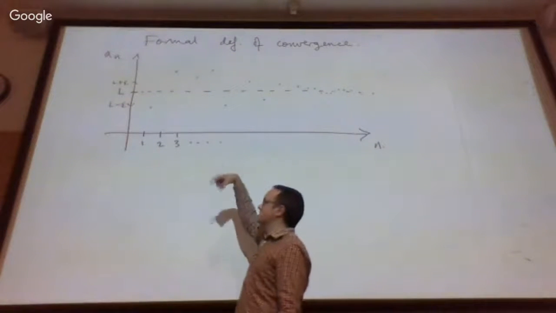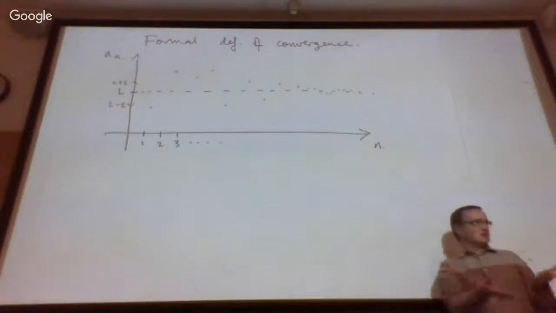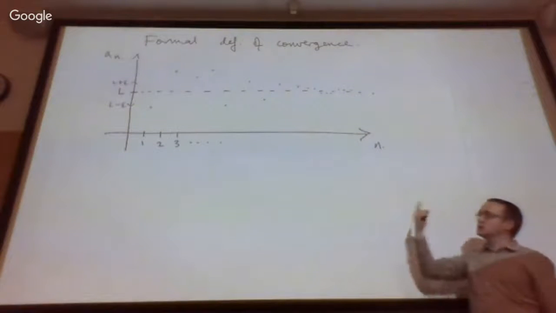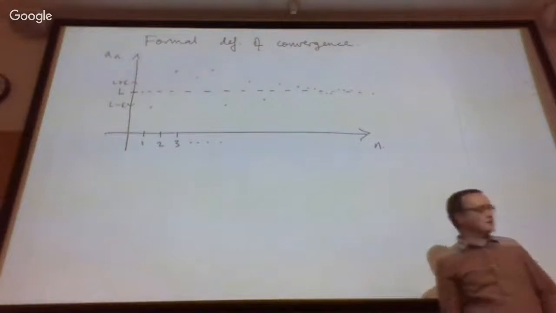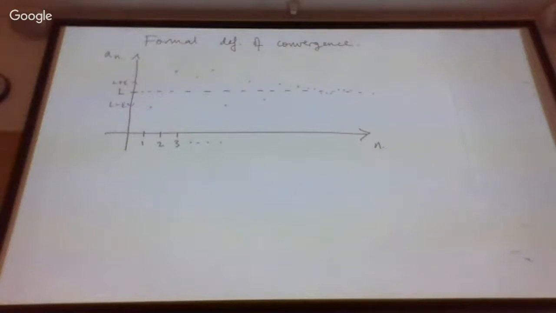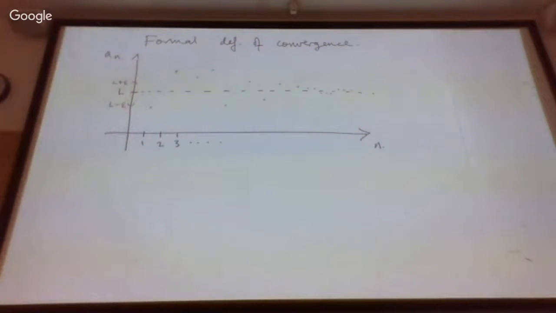Or the one-dimensional equivalent of a disk, which would be a circle and all the interior points as well, is some interval around the limit L. So epsilon is sometimes referred to as a radius around the limit L.